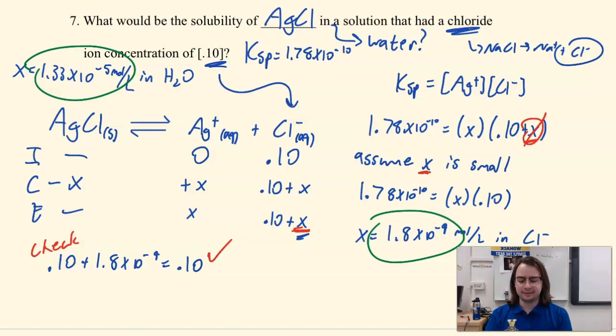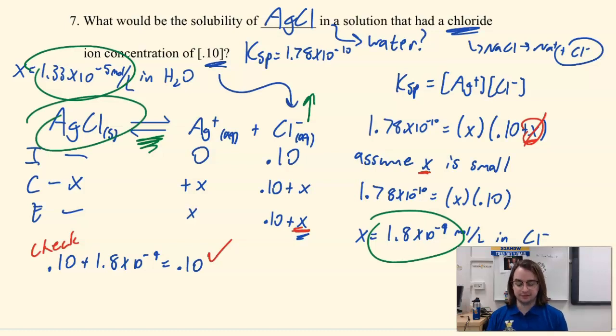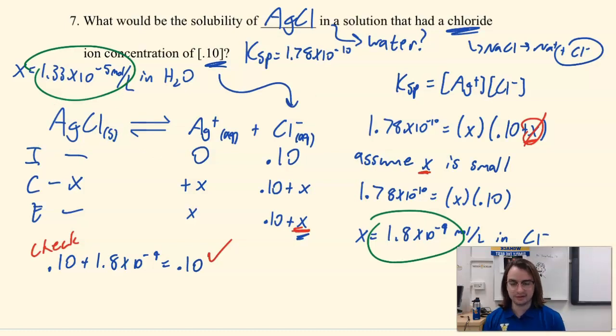It shifts the reaction back towards the reactants because we are increasing the concentration of Cl minus. Think back to rates. If I increase the concentration of something, I increase the rate of that reaction, which means I'm increasing the rate of the reverse reaction, which means I'm making more insoluble salt. So that means I'm decreasing the solubility, therefore increasing the precipitate. That's how it works. This is what's called the common ion effect. It's just something to keep in mind.